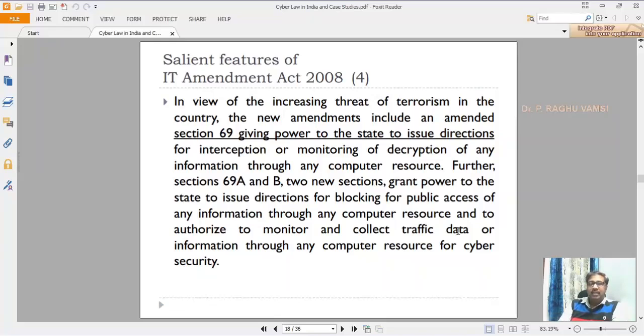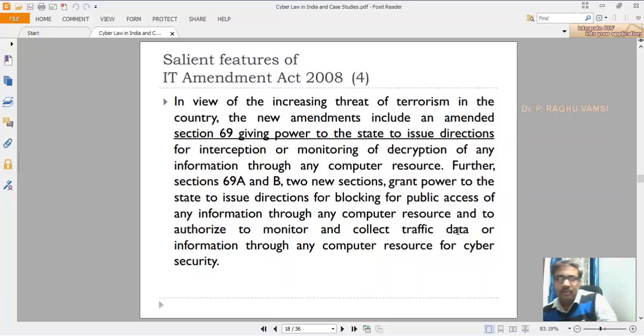If you want to tap anything, you must get permission from the Superintendent of Police, the SP of that particular district, and then you are supposed to perform the tapping activity. At the state level, you need a DGP permission or government permission for tapping. Usually this tapping activity is not delegated to private parties. Only the government does this particular activity.